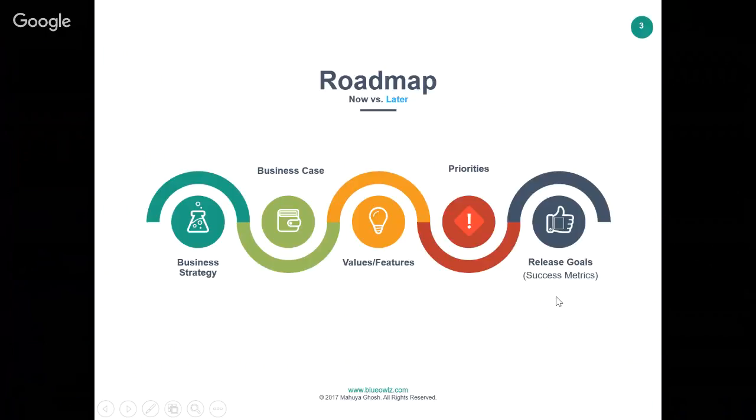And once the priorities are in place, it becomes a lot easier to work through the details in terms of understanding what releases we would have, and working with the marketing team on the go-to-market and on the product launch side of things. So these are, again, a very high-level view of all the pre-work that is needed to get to a solid roadmap.